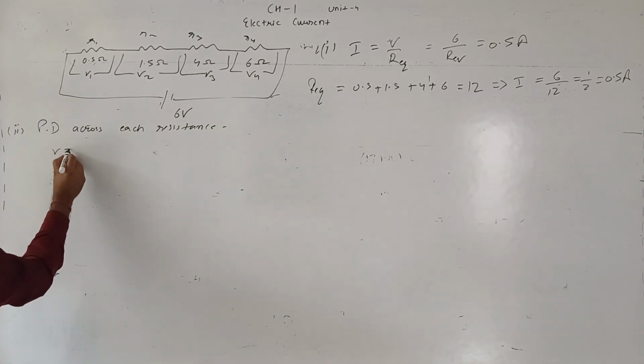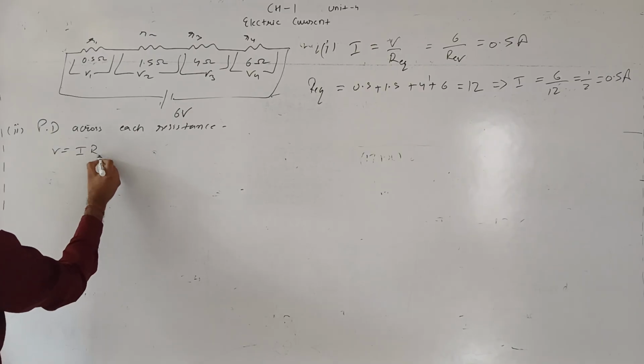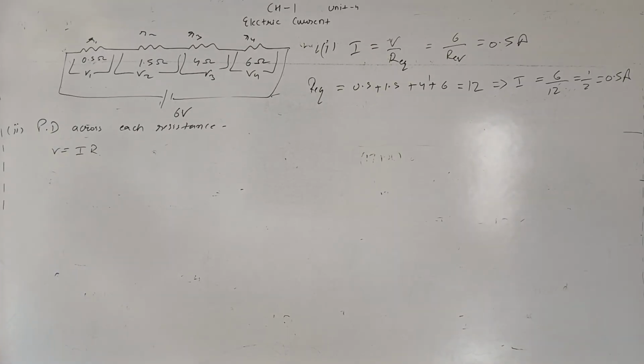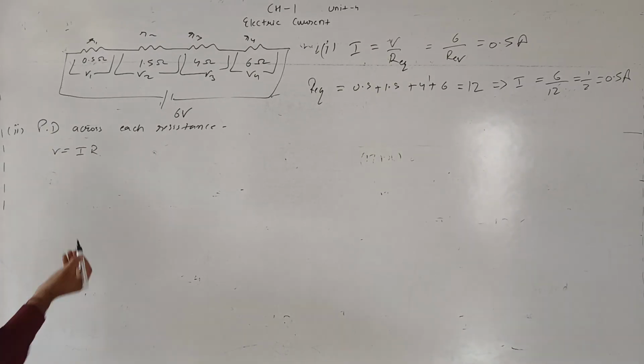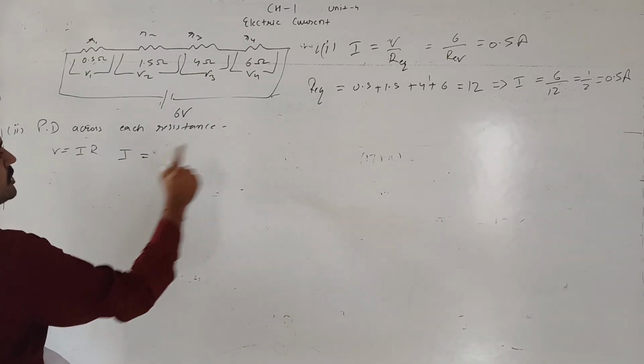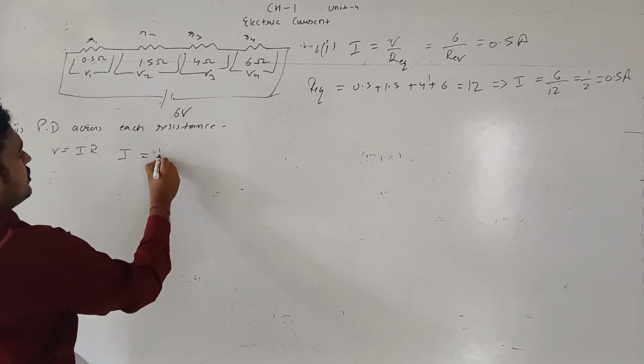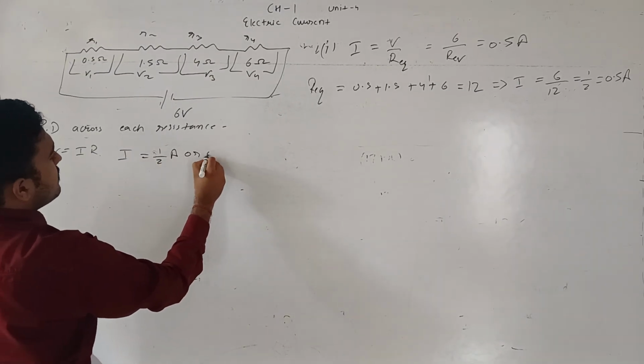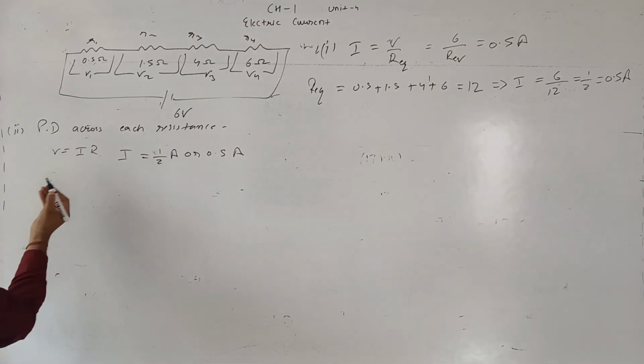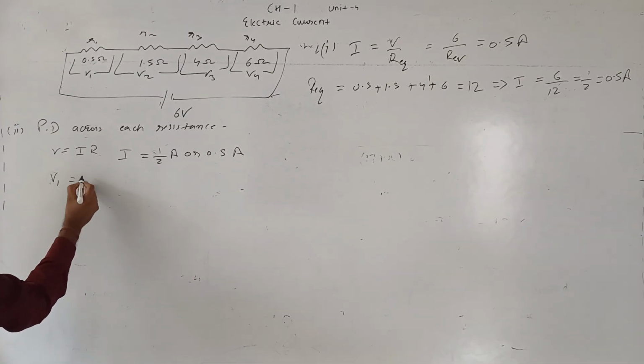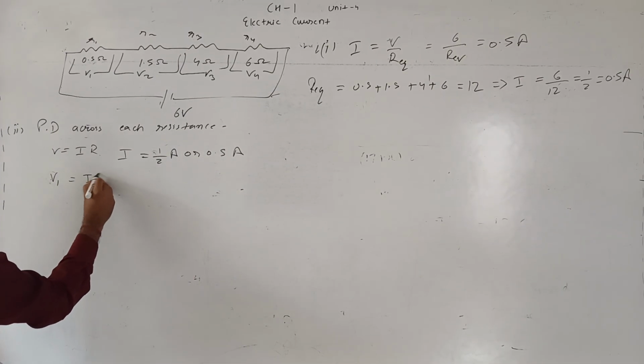V is equal to I into R. Because all are in series, I is the same, and we found in the first step that the current is 1 by 2 ampere or 0.5 ampere.